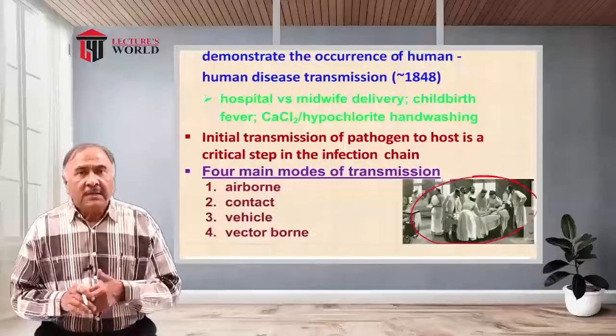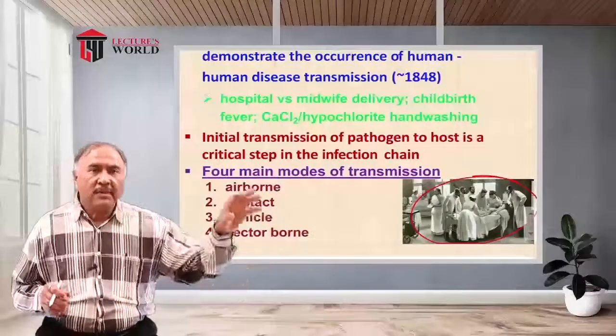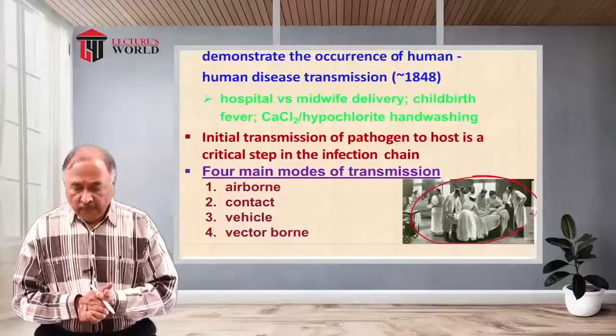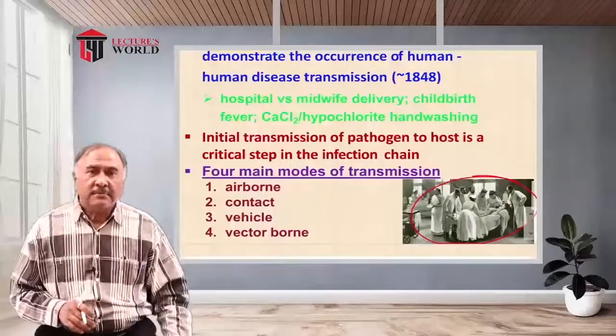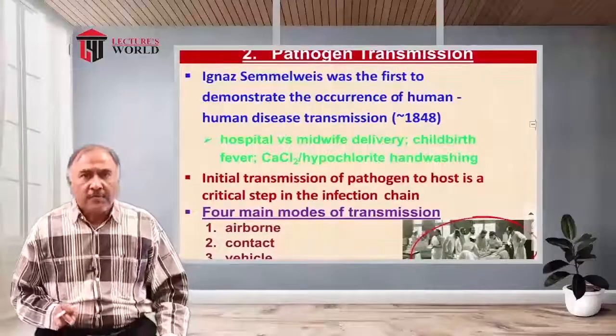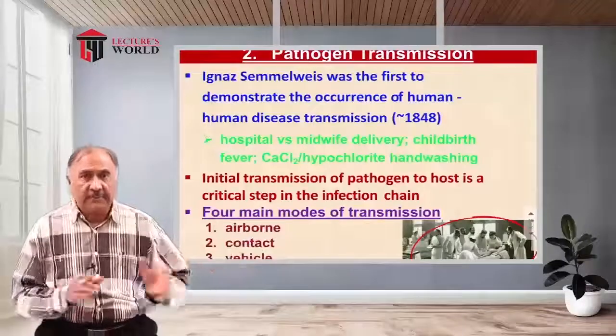And thus, the organisms could be carried from first individual to another, and from there to next individuals. He was the first one to say that there is a responsible agent which is causing such infections in hospital.